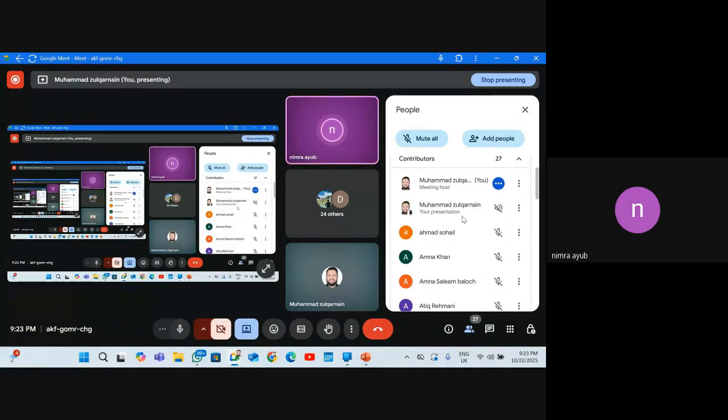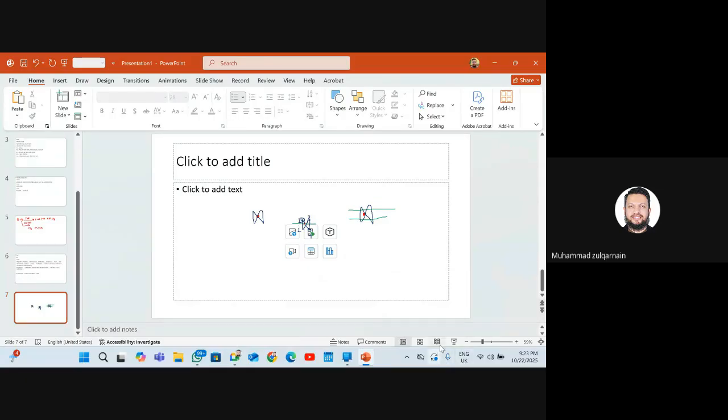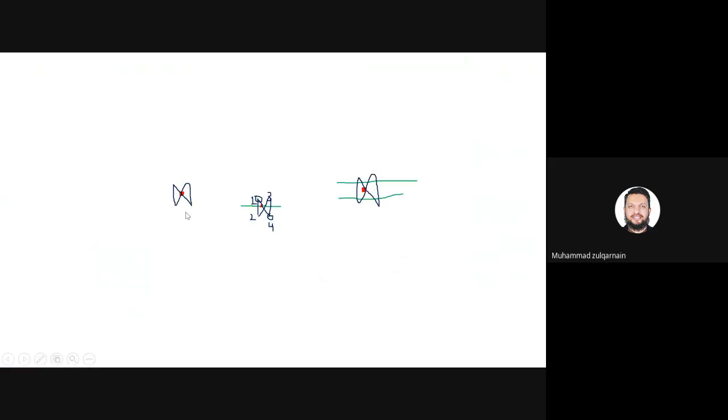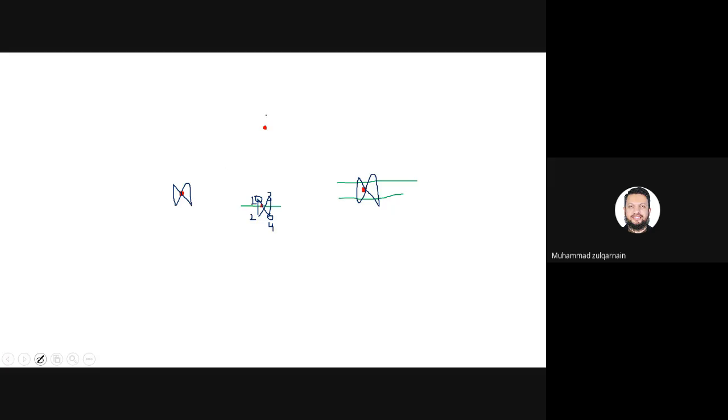Sir, I couldn't get the point: when there is a single dot and there is no line or cut, what do we have to do? Do we take the needle twice on each side? Obviously, you cannot do a figure of 8 without that. Let me explain again. For example, this is the red dot, bleeding, and you are asked to do a figure of 8. You will take your needle and come from here.